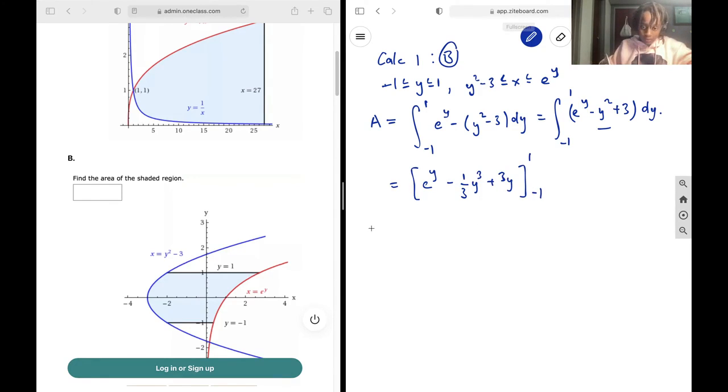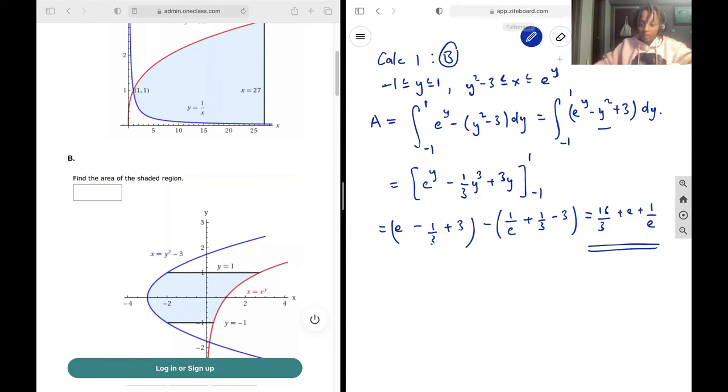And that is simply going to give us e minus 1 over 3 plus 3, minus e to the -1, so that's going to be 1 over e, plus 1 over 3 minus 3. And this will give us our final answer of 16 over 3 plus e plus 1 over e. And that's going to be our final answer.